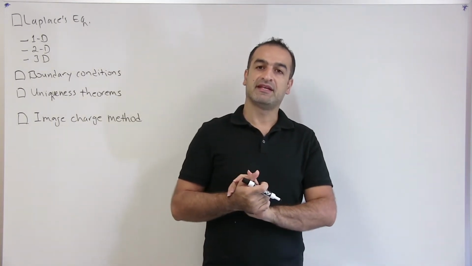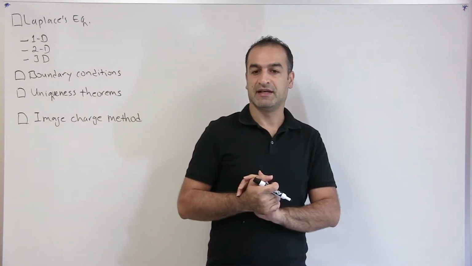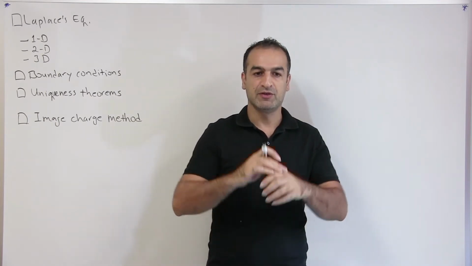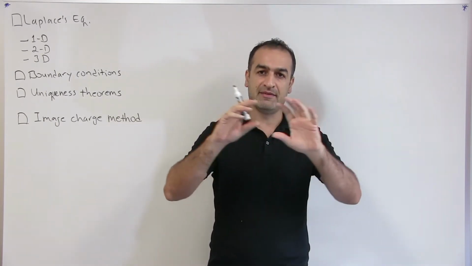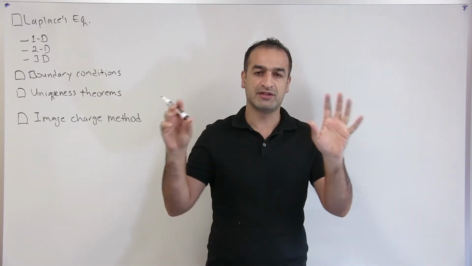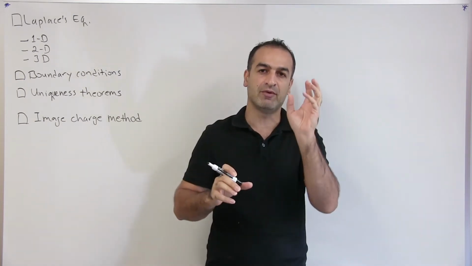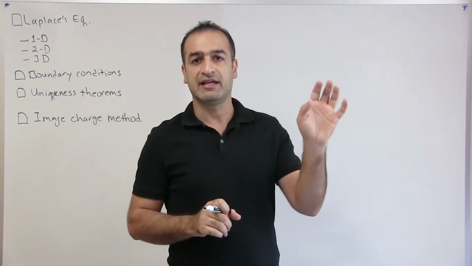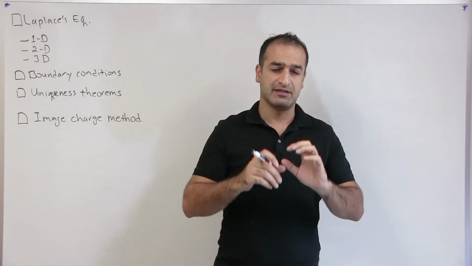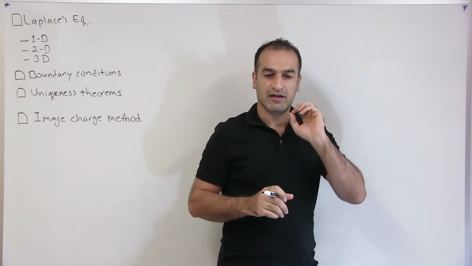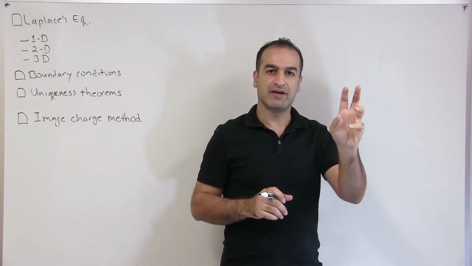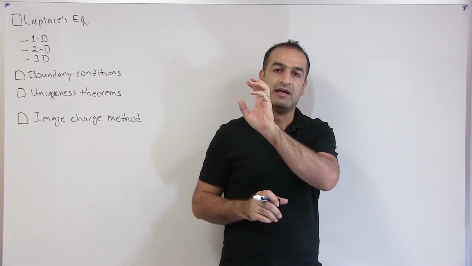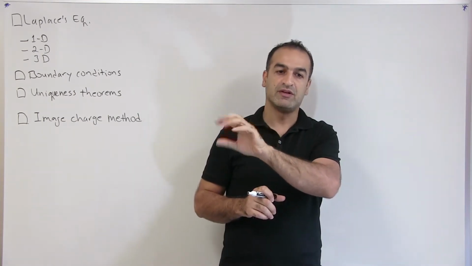The method of separation of variables is a mathematical tool where you assume your potential is a multiplication of 2 or 3 different functions, each of them only a function of a single variable. Let's imagine V(x, y, z) is the multiplication of function number 1, which is only a function of x, times function number 2, which is only a function of y, and function number 3, which is only a function of z.